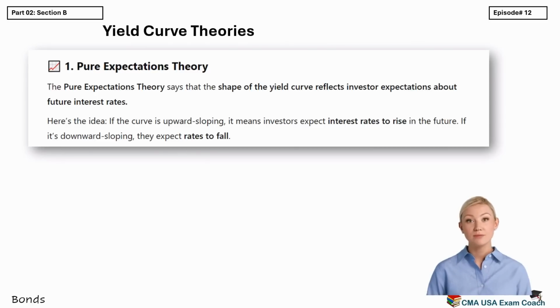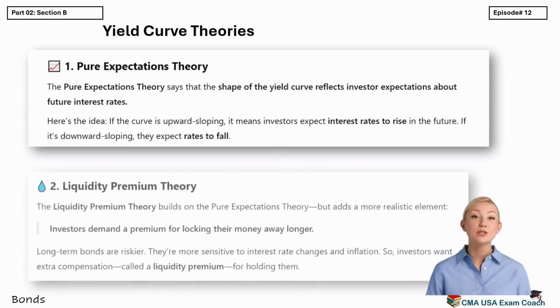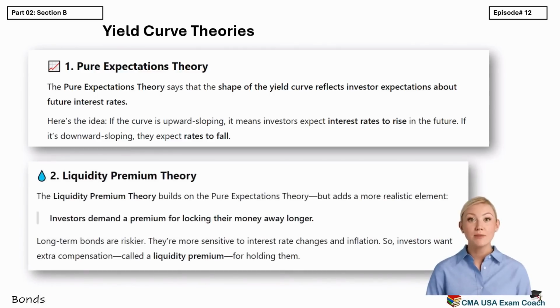2. Liquidity premium theory. The liquidity premium theory builds on the pure expectations theory, but adds a more realistic element. Investors demand a premium for locking their money away longer. Long-term bonds are riskier. They're more sensitive to interest rate changes and inflation. So, investors want extra compensation, called a liquidity premium, for holding them.